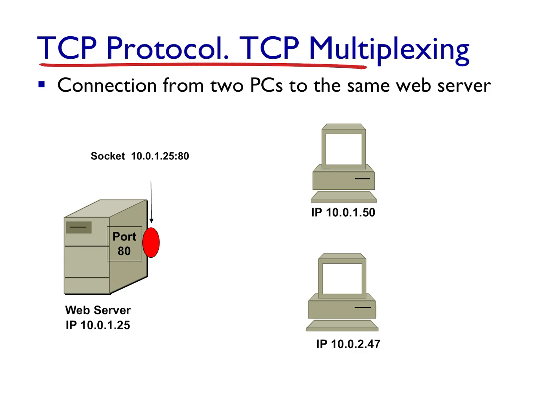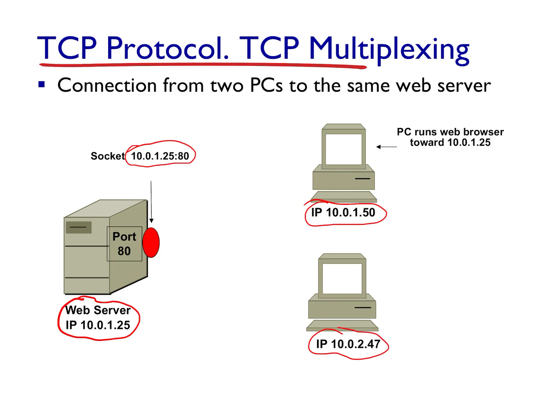Next example, we have a web server that is listening at port 80. This is the web server with this IP address, this socket. The web server wants to allow different requests from many clients, thousands of clients. In this case, we have 2 computers.